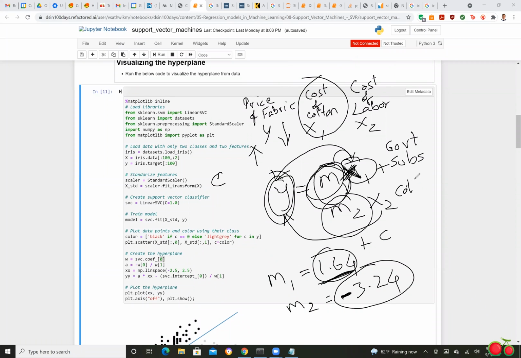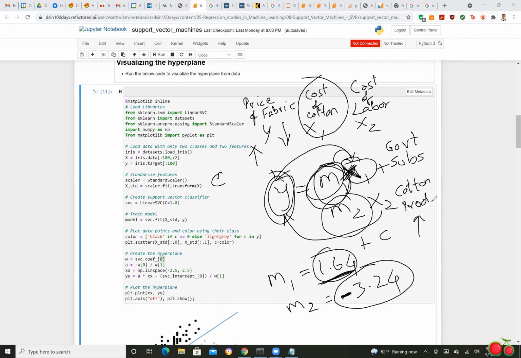Cotton production. How many tons of cotton is produced in a given year? Let's assume that's one variable. Now, if you can think of it, what happens when my cotton production goes up? Let's say this year, all of Texas has produced like 20 million tons of cotton. What would happen to the cost of cotton?